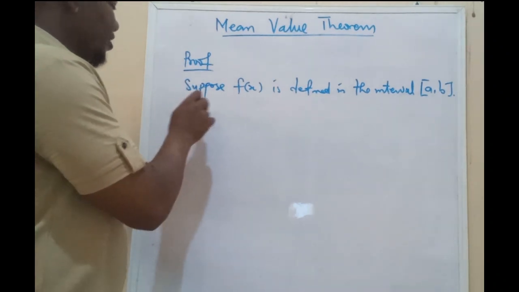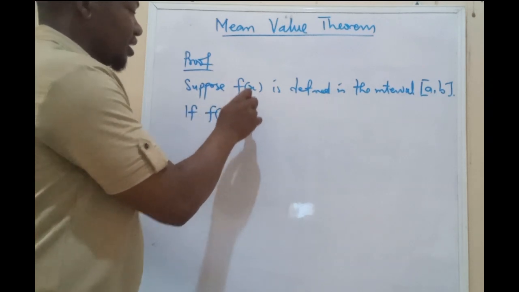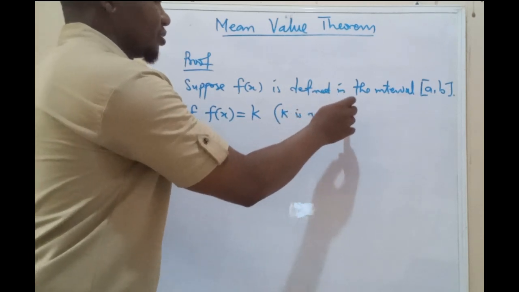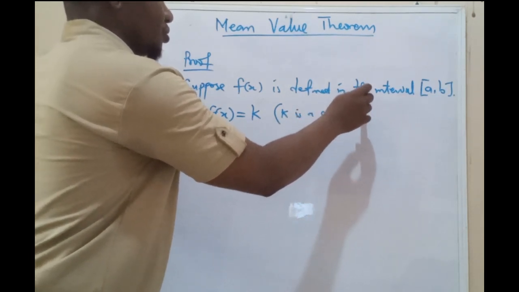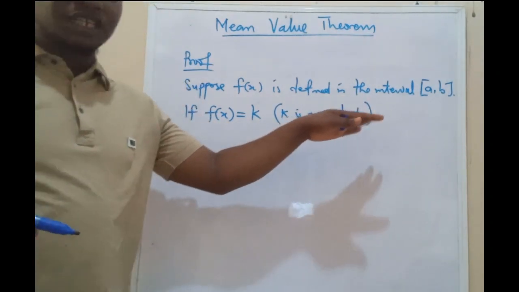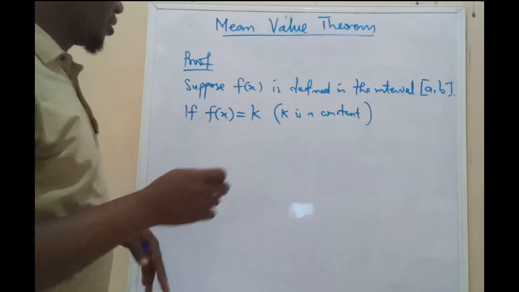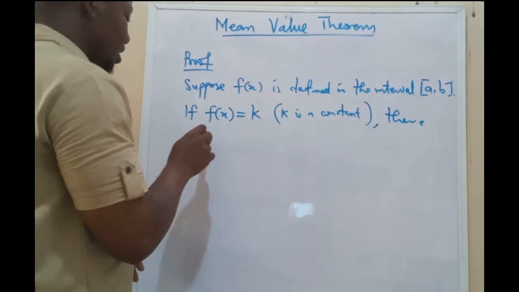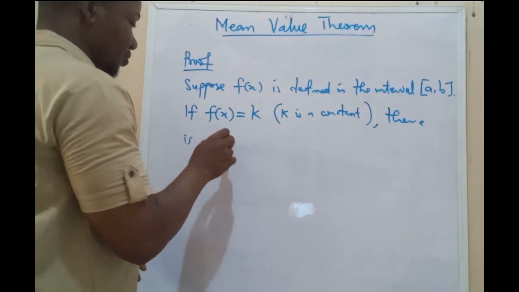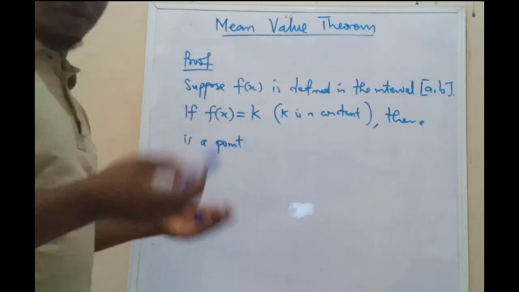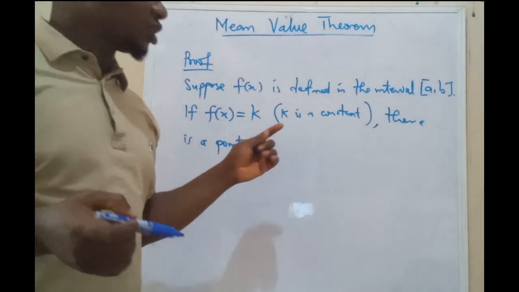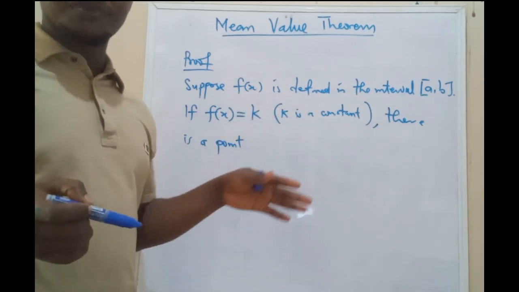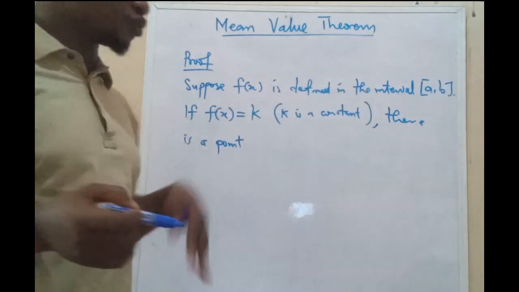Then if f of x is a constant, let's say k is a constant, obviously, as is being explained on the second graph, we can see there is a point, or there are some points, because in this case it is not just one point where the slope will become 0 if k is constant, as we have shown in the graph.